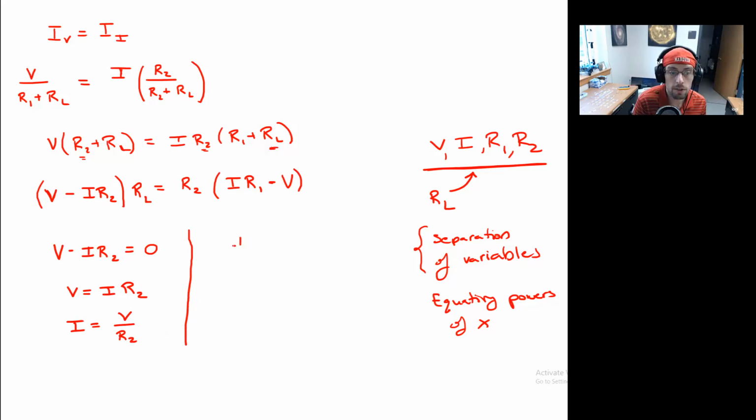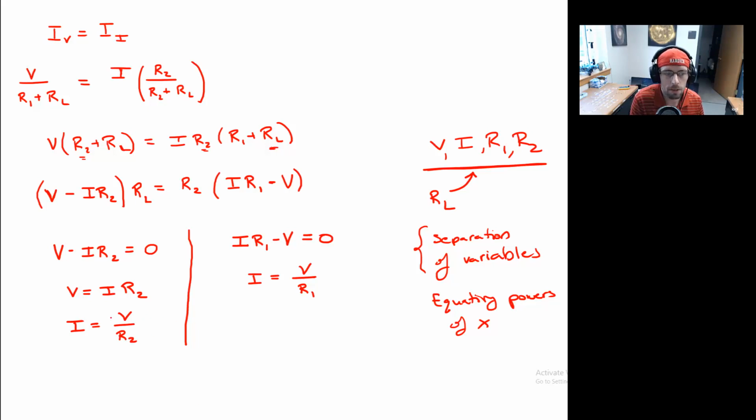In other words, IR1 minus V must also be equal to 0. So I get another relationship between the current supply and the voltage supply: the current supply must equal the voltage supply divided by R1. Both of these conditions must be met in order for me to exchange a potential supply for a current supply, like we started off with.